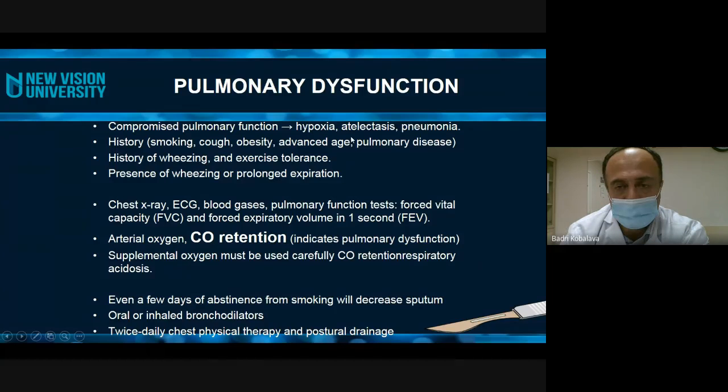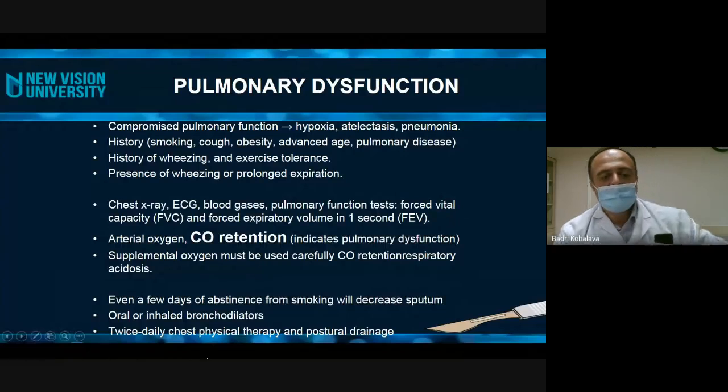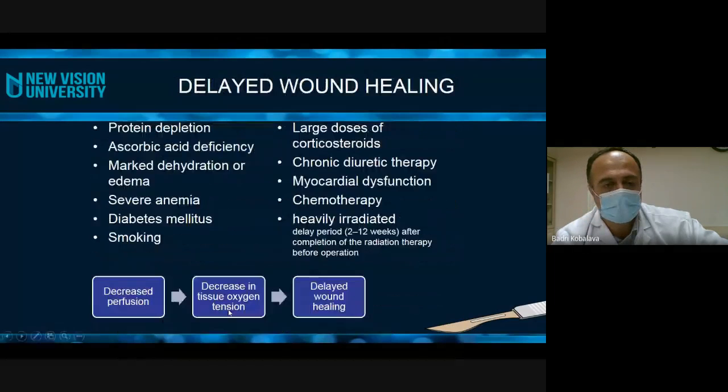So these measures treat atelectasis. And also just massage of the chest wall improves the blood circulation inside the lung tissue and improves respiratory function.